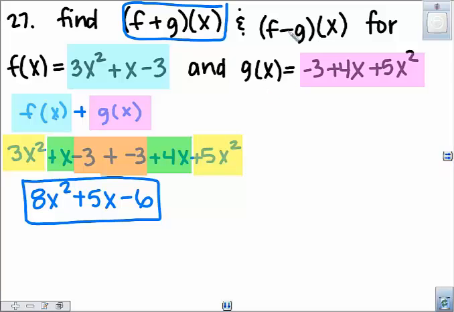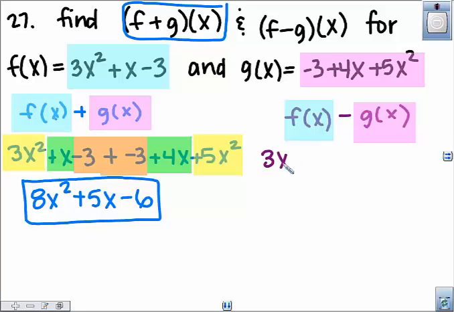Now second, they ask for the difference. So that's f of x minus g of x. The only difference here, we're still going to write our f of x and our g of x out. But since it's a minus, the minus will change the sign of everything in g of x. So you need to write out that second one in parentheses.